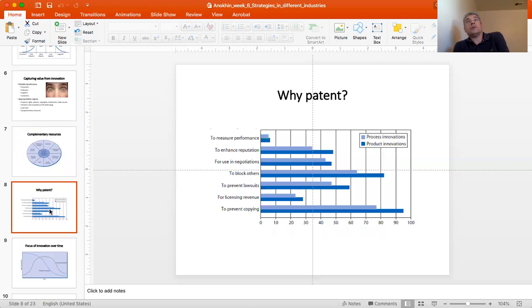Now, the question I wanted to pose to you is, why do companies patent? So we know that most patents are never acted upon, yet they cost substantial resources to develop.